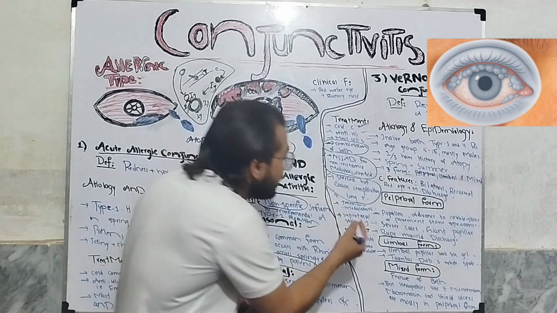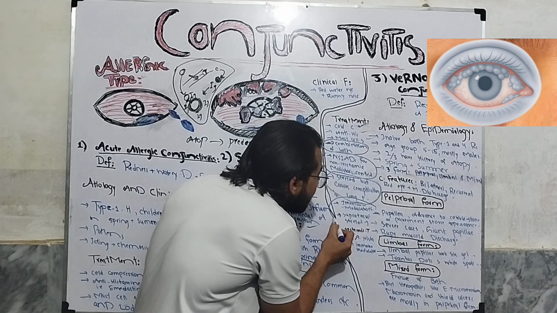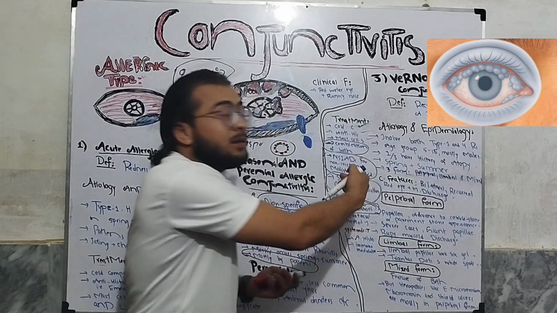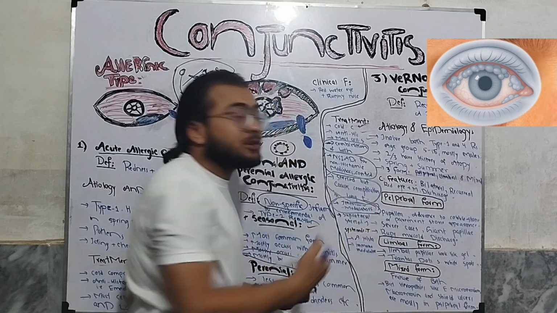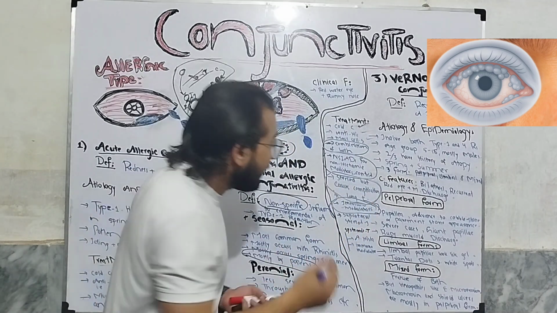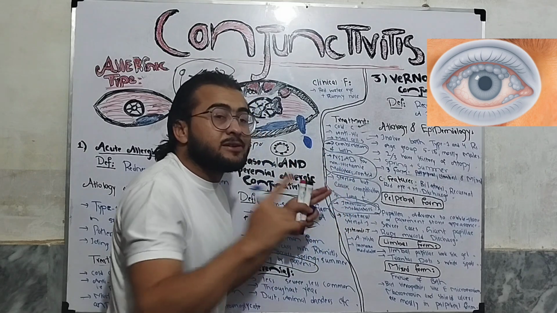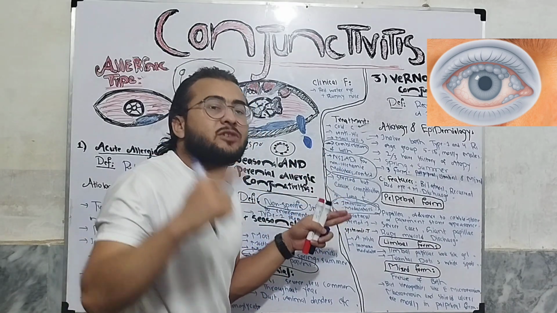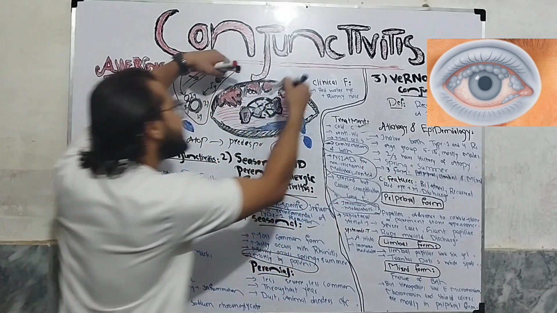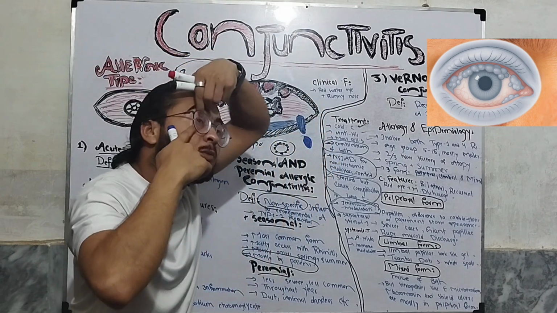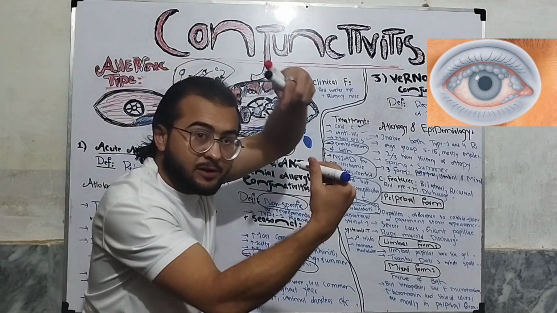Okay, so these immunomodulators and immunosuppressants can be used if all these topical medications do not control the condition. In topical medication, the last resort is the supratarsal steroid injection. So we will inject steroid in the supratarsal region.